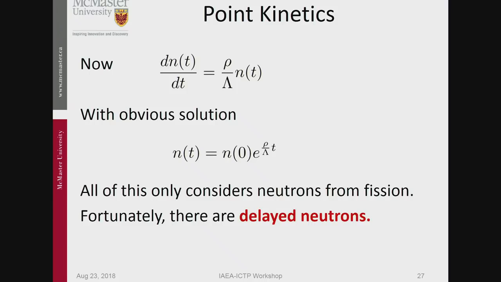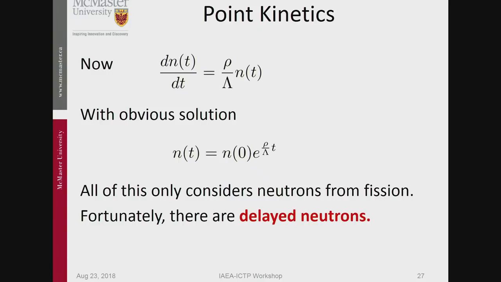Now the point kinetics equations say that the change of the average neutron population, note there's no r here anymore, is rho over lambda times n. Dimensionally, this is okay. And that means that the change is proportional to how many there are times the reactivity.